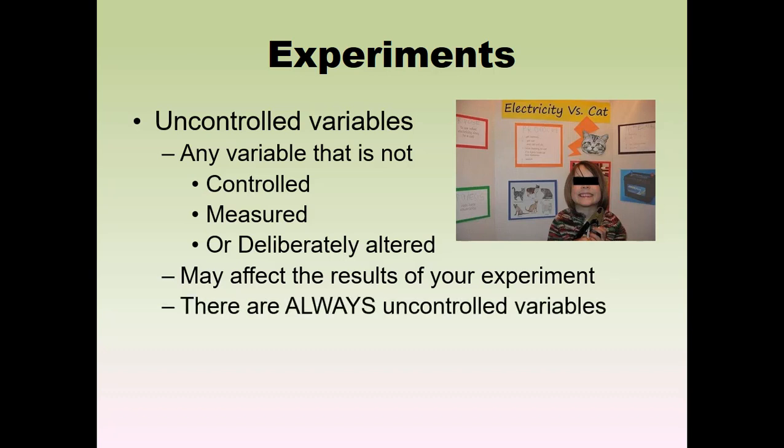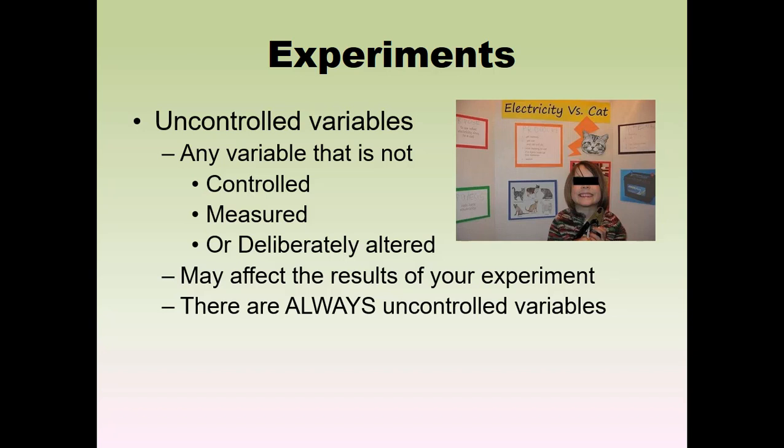And there are always uncontrolled variables since we don't keep track of all aspects of time, space, and so forth. The amount of light, the relative humidity of the conditions, what have you. So there are always going to be uncontrolled variables. Some of those are very blatant, typically not.